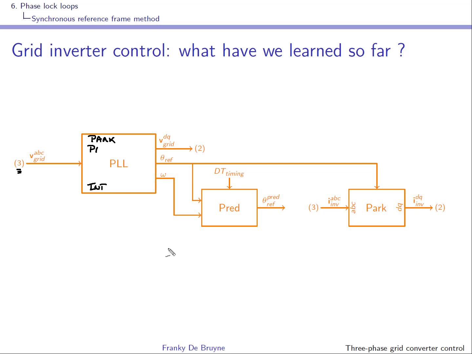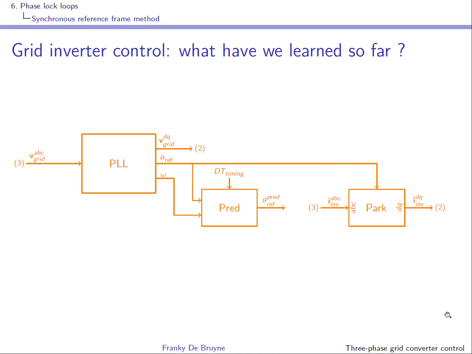This PLL gives the grid voltage in the DQ format. Since it's in the DQ format, the vector should have 2 components. It will output the reference angle, so it's the output of my PLL angle, and it will output the rotation speed.